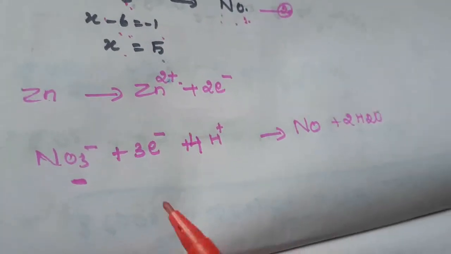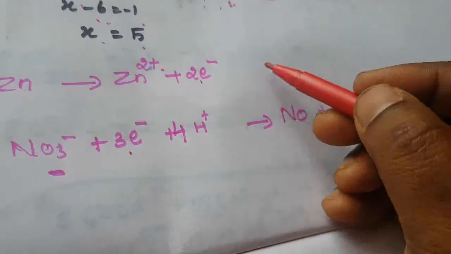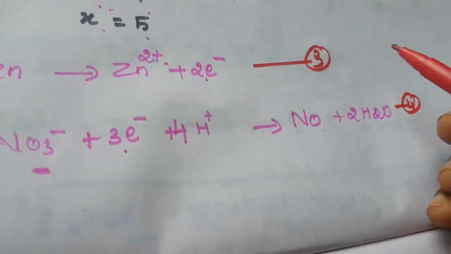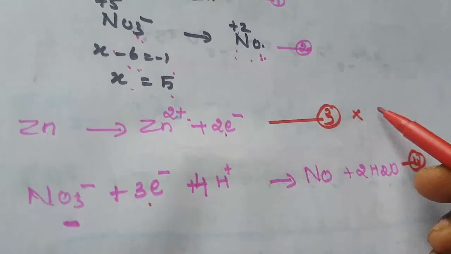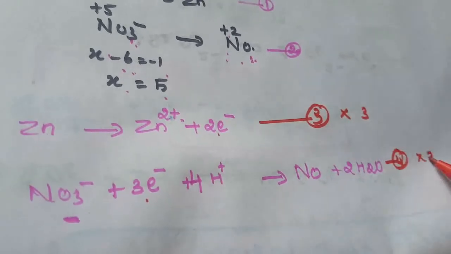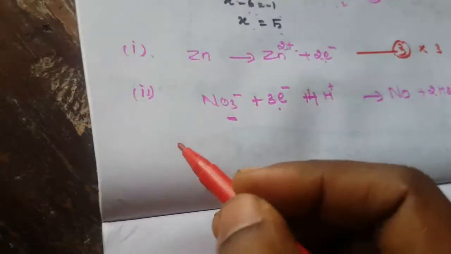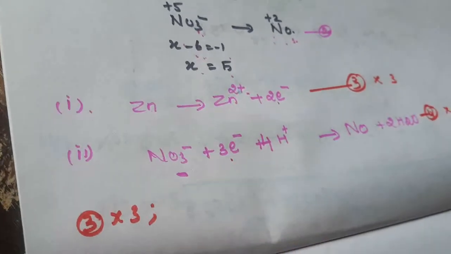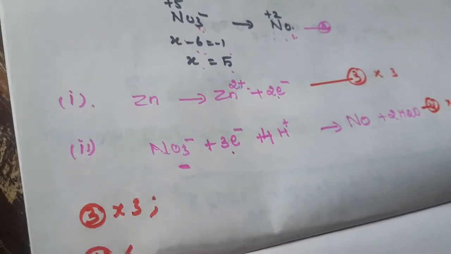So next step, we are multiplying. Here 2 is there, here 3 is there. So this is the third equation, this is the fourth equation. The third equation is multiplied by 3 and the fourth equation is multiplied by 2.